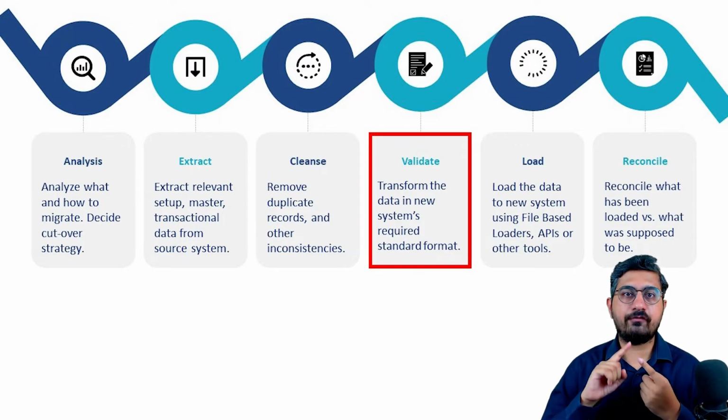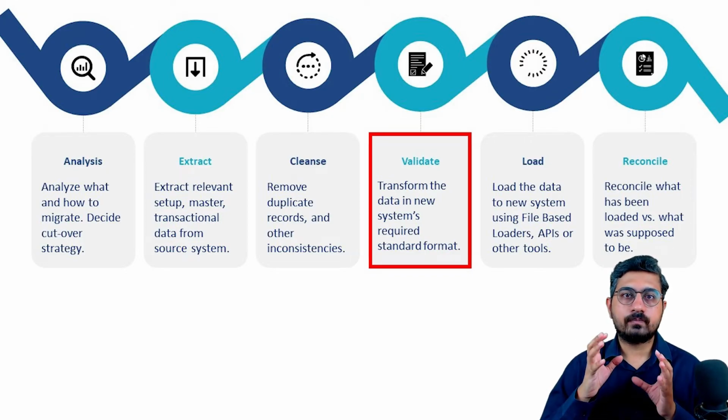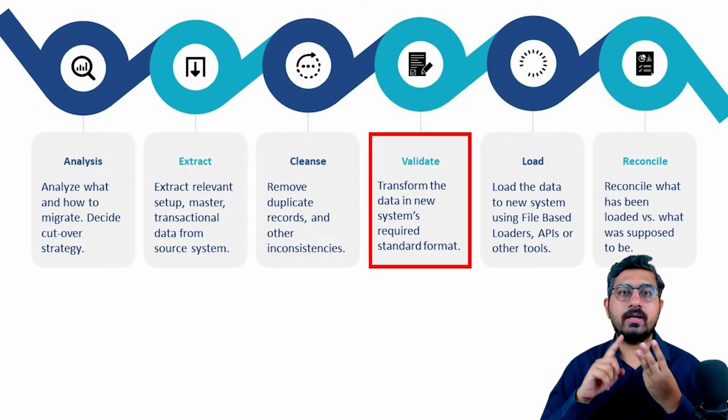There would be some fields that would be mandatorily required in order to create all of this data in the new system. The data coming from the older system may not be in that exact same format, so it needs to be transformed into the required format for this new ERP. That is called data transformation.